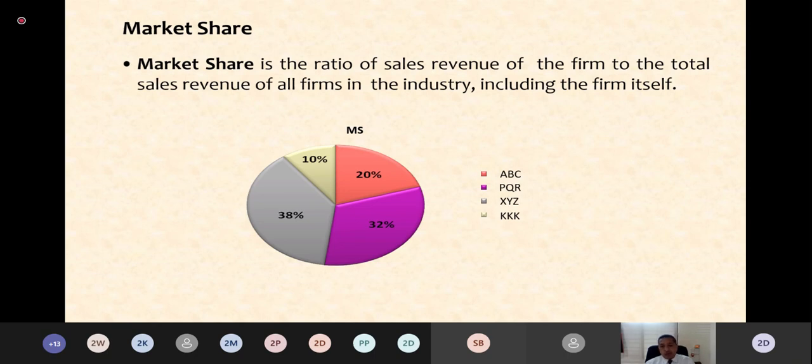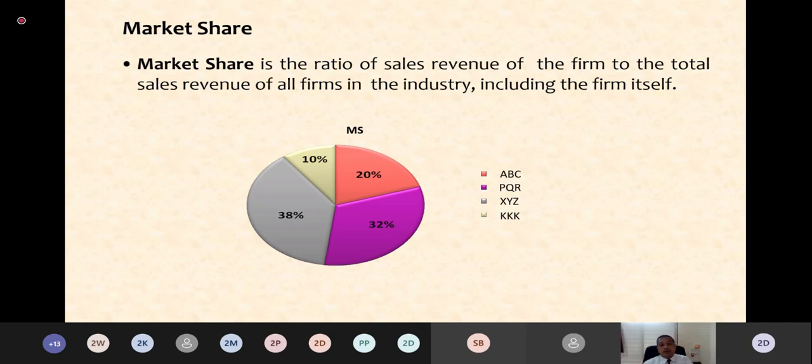That we can say is market share. For example, this is a graph wherein we have shown different pieces of market share of each company. Here you will be able to see ABC company, which has 20% market share from the total market sales of a particular product in a particular industry.